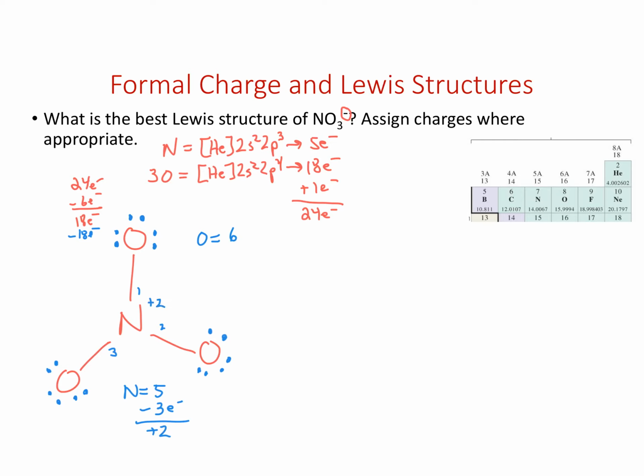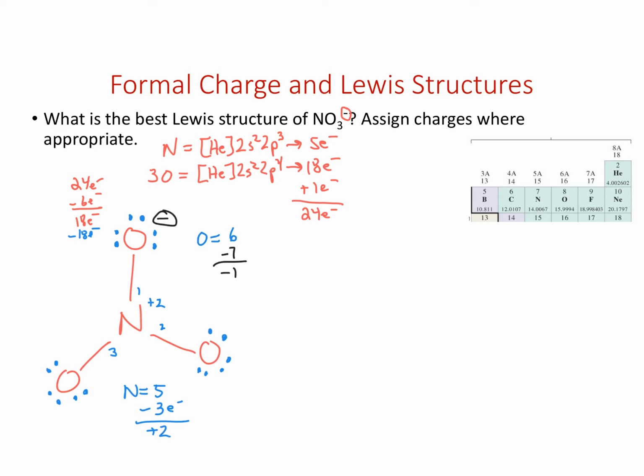For the oxygens, oxygens are group 6, and for each of the oxygens, I have 6 electrons assigned as lone pair electrons, and then 1 electron assigned in this covalent bond. So I've got 7 electrons assigned to each of those oxygens for a charge of -1.